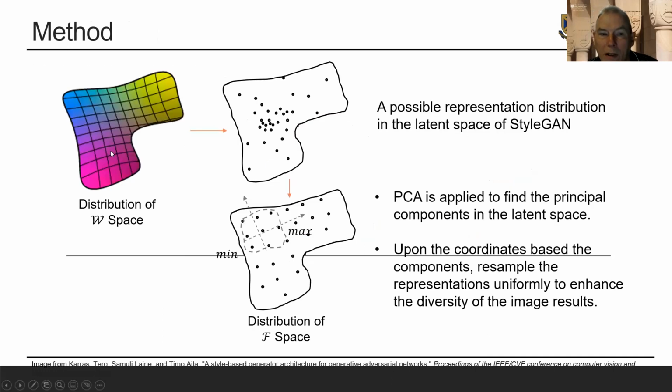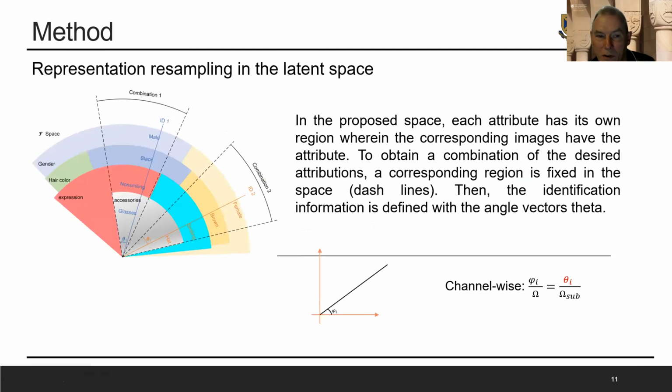What we've done here with Terry is we've taken this W latent space that's referred to in the Karras paper, and we do some analysis in this space. In this case, it's just a simple PCA to find maximum components, and these components tend to correspond to attributes of interest. Then we do some resampling in that space.